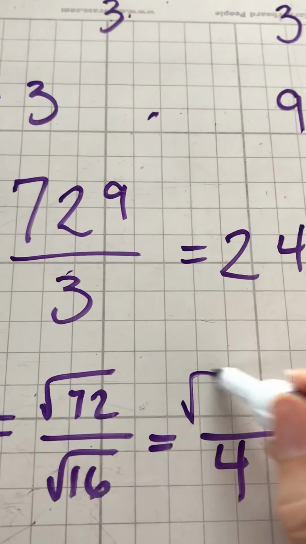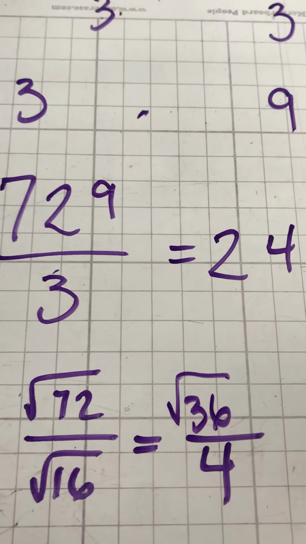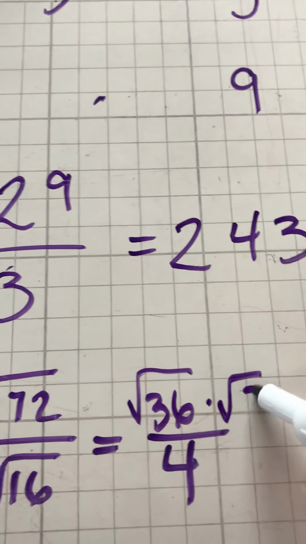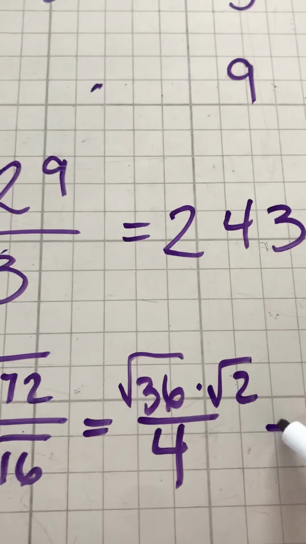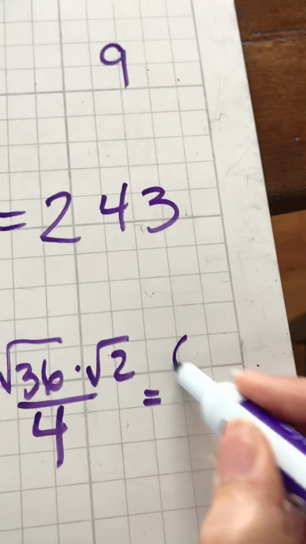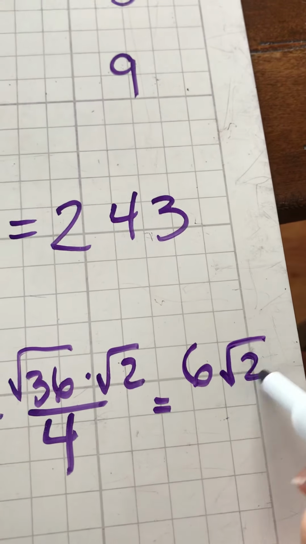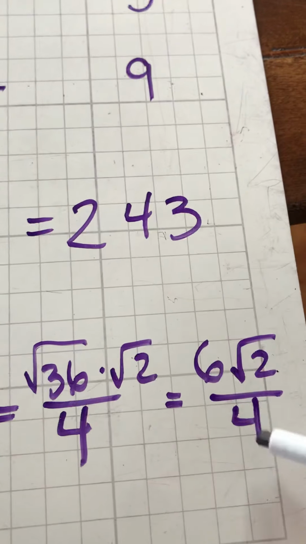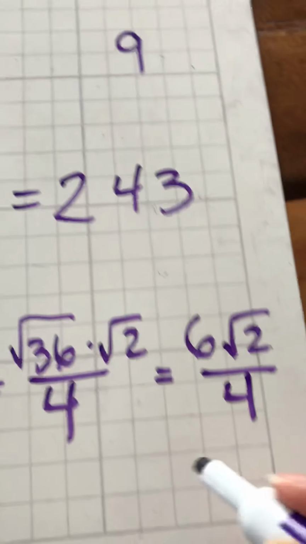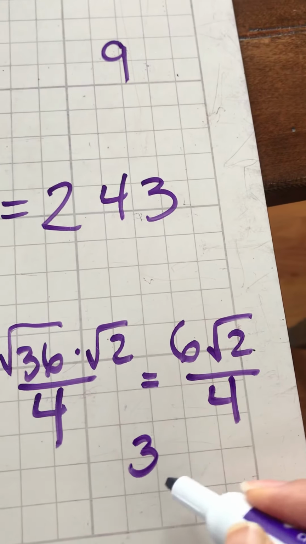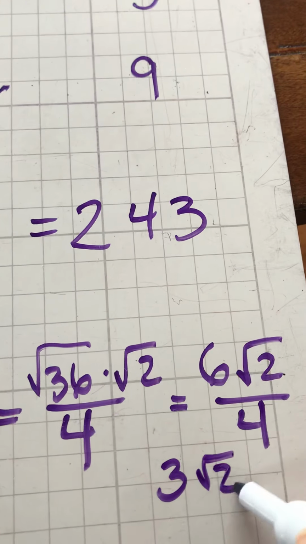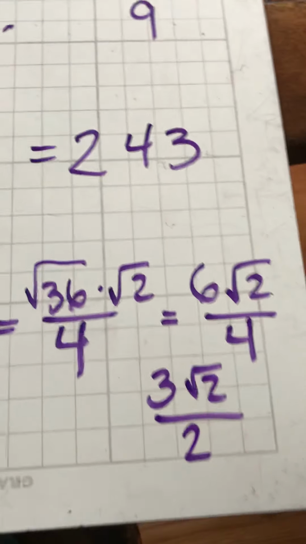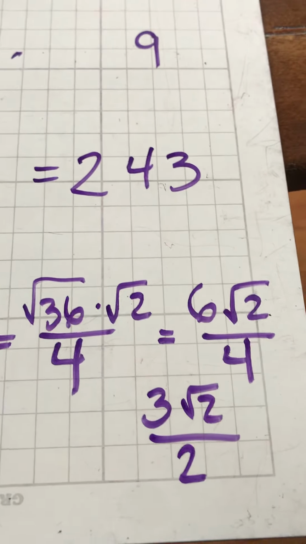That would be 36. 36 is a perfect square, and it can go into 72 because 36 times 2. So the square root of 36 is 6, and that's all over 4, but then these can be reduced by 2. So 6 divided by 2, let's bring down the square root of 2, 4 divided by 2. So that would have been the final answer for number 10.